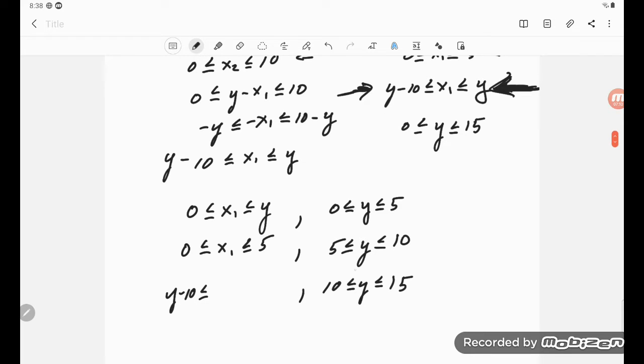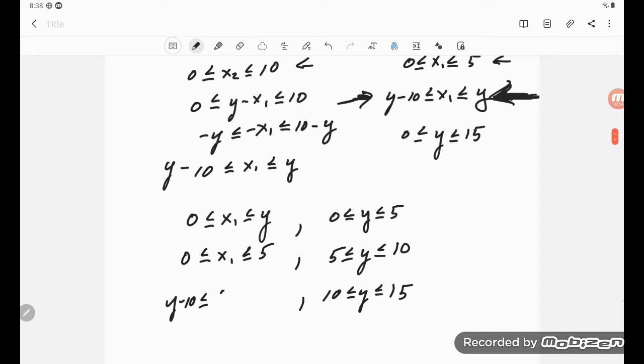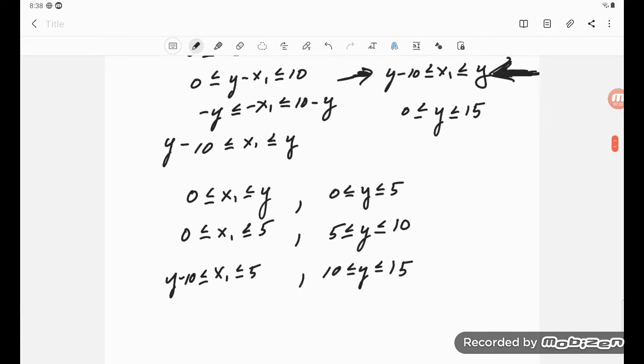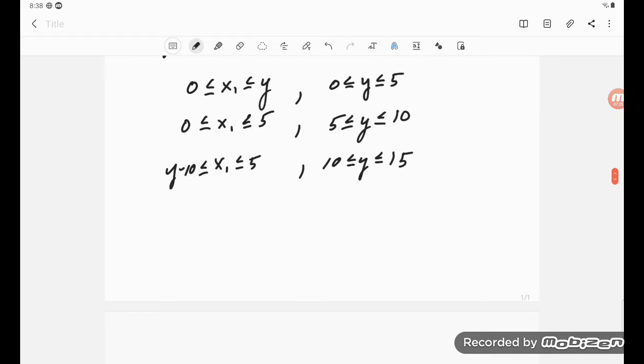But with y starting at 10, that's no problem, and so x1 will be less than or equal to 5. And so that's what we're going to get for our PDF using our theorem.